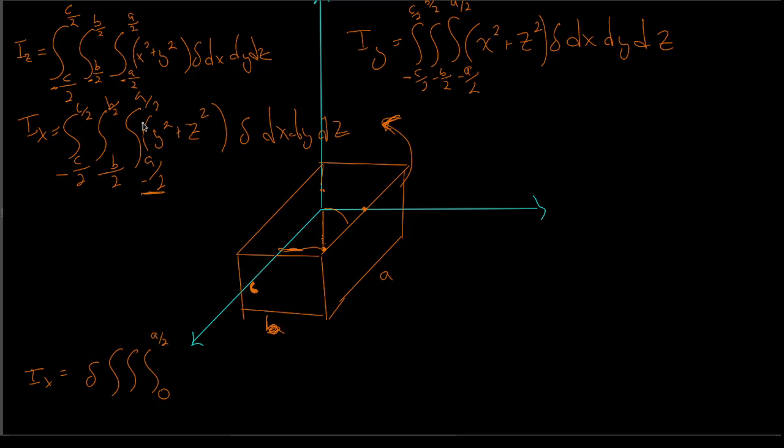A negative to a positive over an even integral like this, which a constant function would be 2 times. So 0 to b over 2 times 2, 0 to c over 2. So 2, 4, 8. Yeah. I'm going to get 8 times what the integral was. Saves me, puts zeros in my fundamental theorem, which is nice.